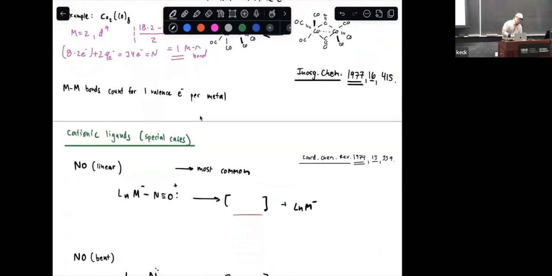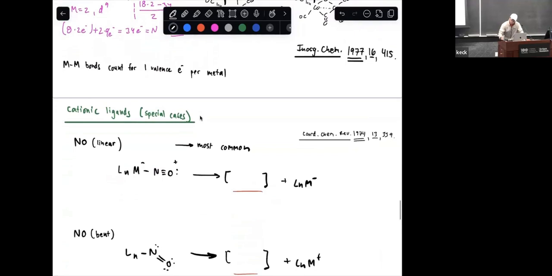Okay, more special cases, so to speak. Here's another ligand type that faculty and TAs like to torture students with. These are the nitrosyl ligands, NO. And they're very strange.